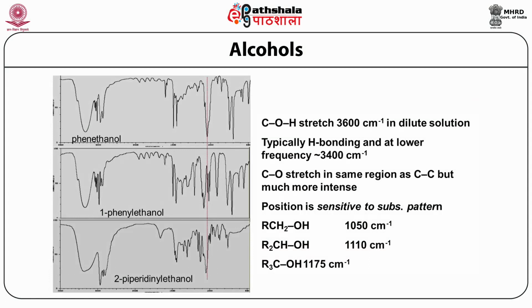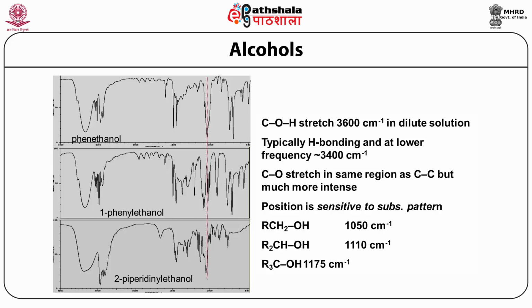We discuss the IR spectra of alcohol. You can see the IR spectra of 1-phenylethanol and 2-piperidinoethanol, and these are quite different. The OH stretch is at 3600 per centimeter in dilute solution; hydrogen bonding gives a lower frequency around 3400 per centimeter. Carbon-oxygen stretching is in the same region as C-C but much more intense.